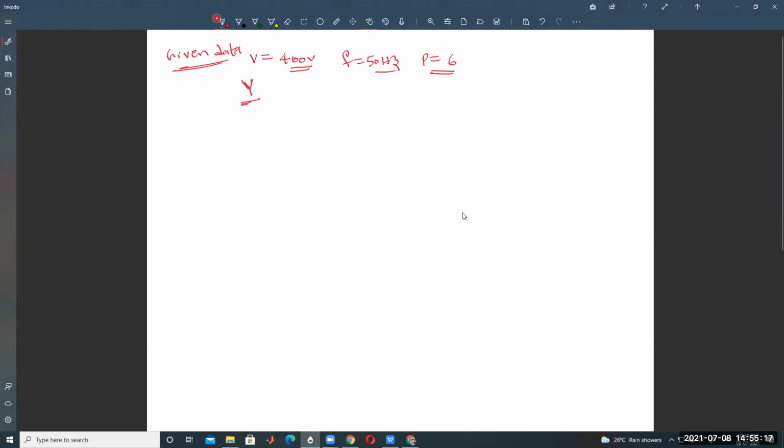So R1 is equal to the stator resistance, 0.4 ohms. And then next R2 dash is 0.6. Then X1 leakage reactance is 1.4 ohm.